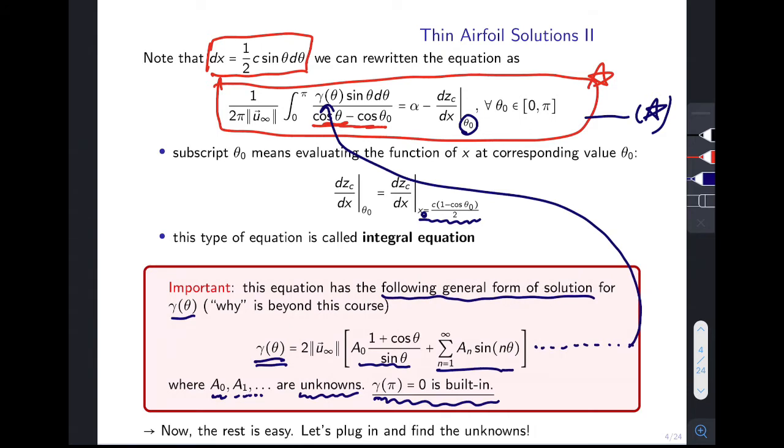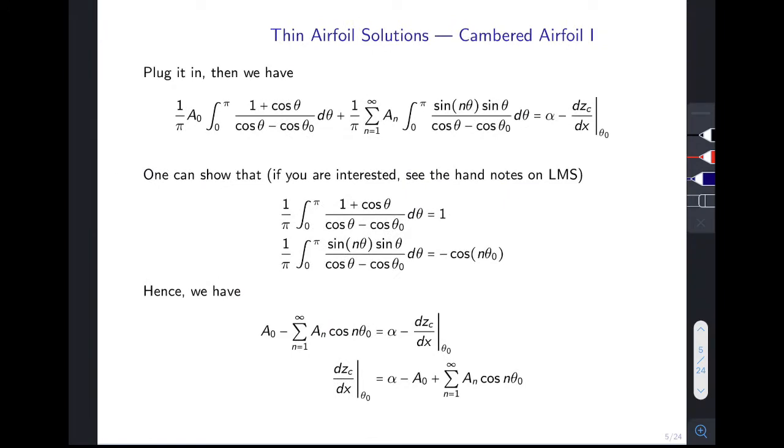If you put theta equals pi, it's 0 over 0, so you can't really tell. So let's use L'Hospital's rule, which gives minus sine theta divided by cosine theta at theta equals pi. So obviously you should get 0. That means gamma pi is 0.